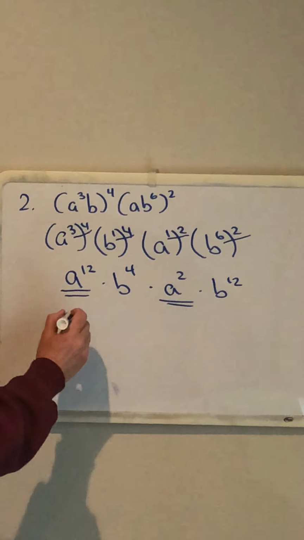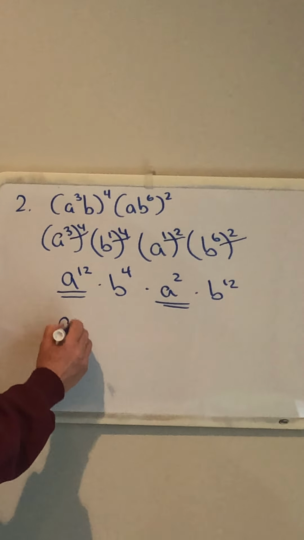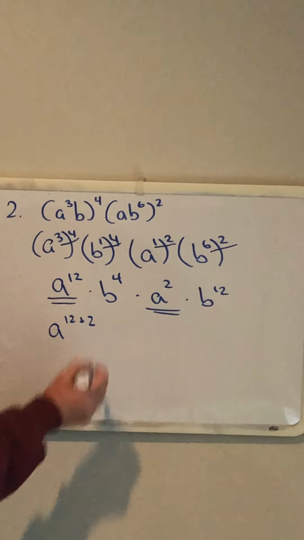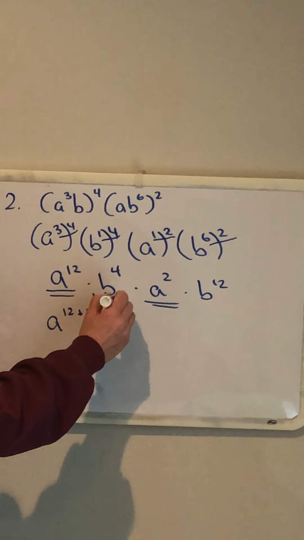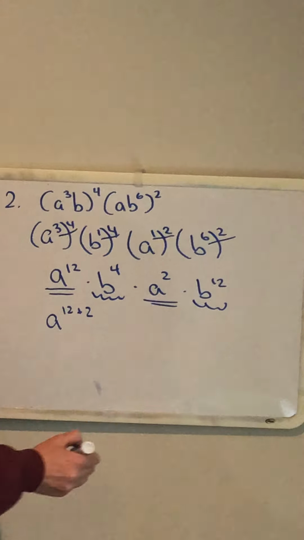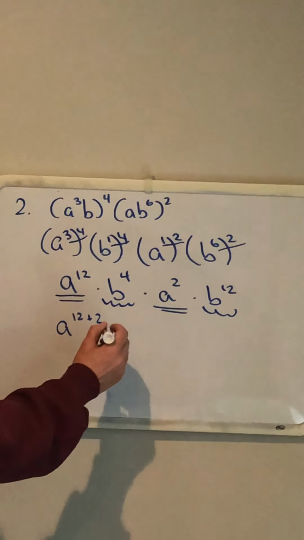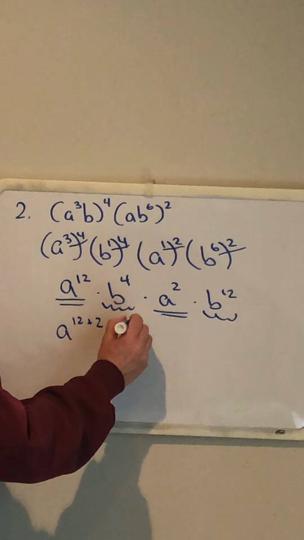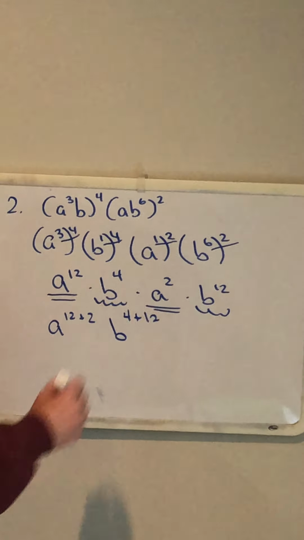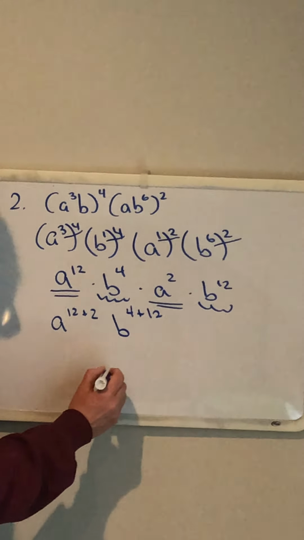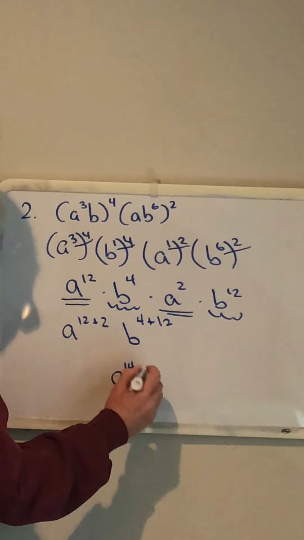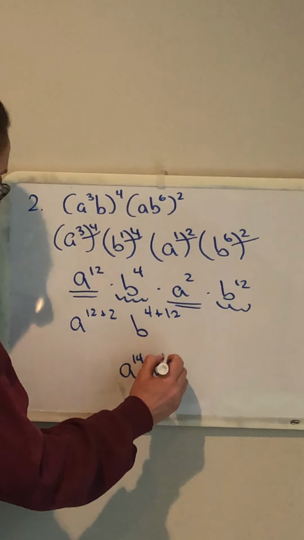So you add those exponents. So you have a to the 12 plus 2. And then you have two b's being multiplied. So you add those exponents and you get b to the 4 plus 12. Making your final answer a to the 14th, b to the 16th.